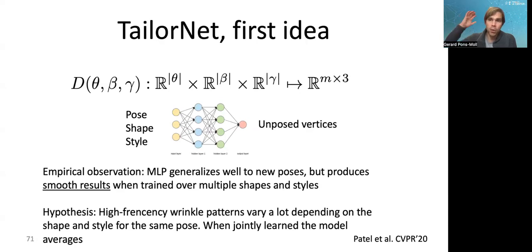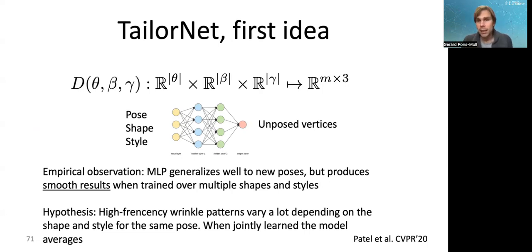You might have the same pose, but if you change the style or the shape, the wrinkle patterns will change a lot. And it's going to be very difficult for the network to combine the garment deformation for different styles for a given pose. It's going to be difficult for the network to figure out what the pattern is. Maybe there is no pattern, because if you change the style, the wrinkle patterns for a given pose will be completely different.